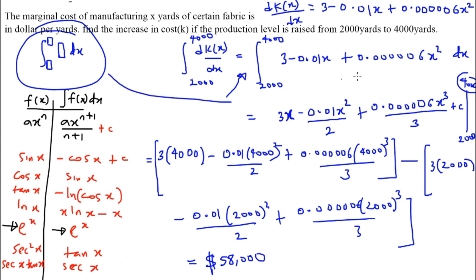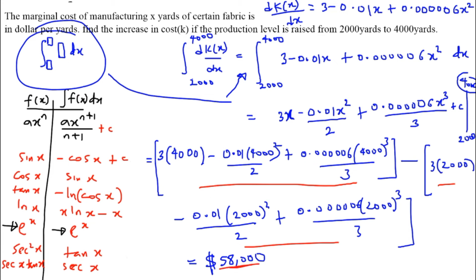When you press it directly like this, you will have 58,000, and that will be very, very correct. But if you insist on solving this on your calculator, make sure you don't make mistakes. Use the brackets correctly. You can do this first and then do this later on, and then subtract. But your final answer should be 58,000.